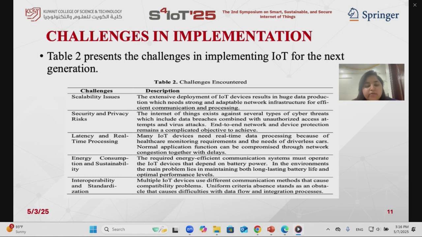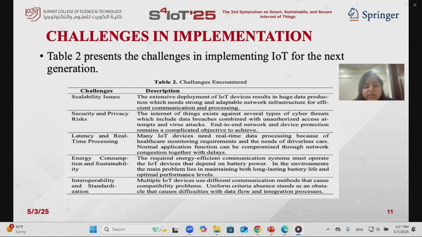The first challenge is the scalability issue. The extensive deployment of IoT devices results in huge data production, which needs a strong and adaptable network infrastructure for efficient communication and processing.